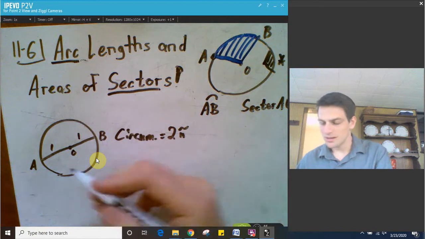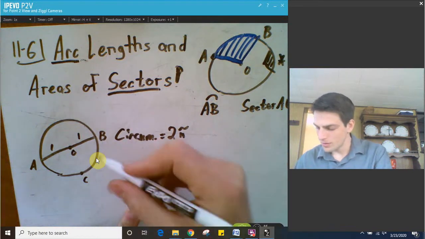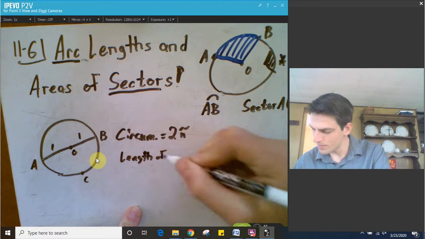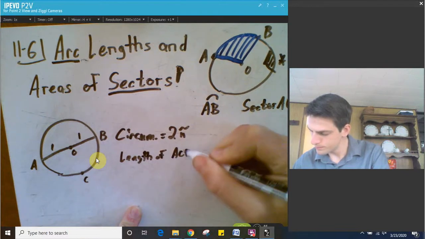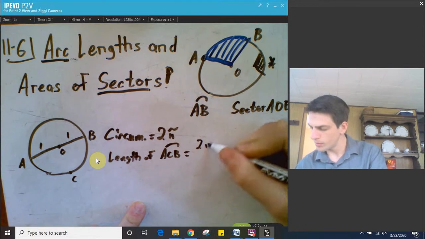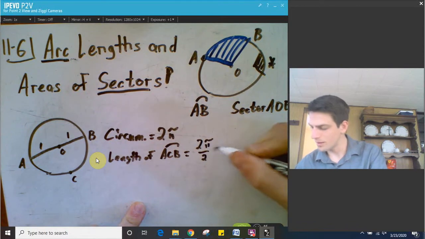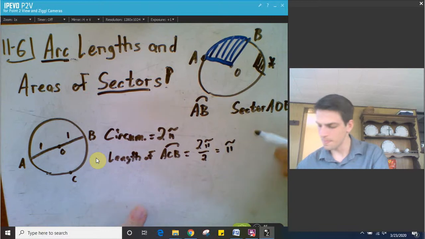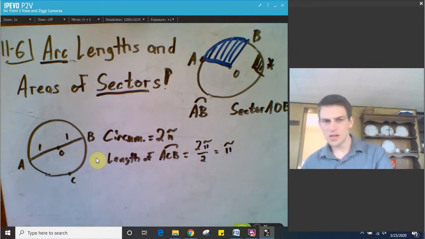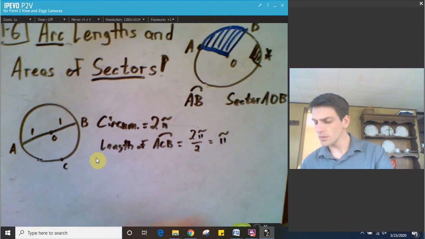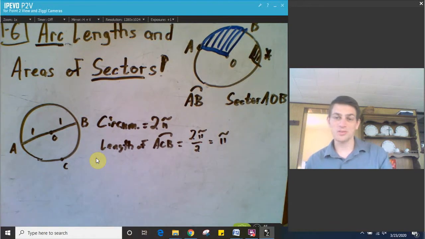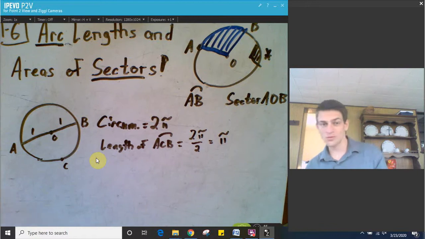And we can say that it is 1/2 of 2 pi, so the length of arc ACB is going to be equal to 2 pi over 2, which is 1/2 of 2 pi, and that cancels out to just pi. So this length right here is going to be pi. Now let's do the same thing for the area here. As you might guess, this splits it into 2 semicircles, and each semicircle is exactly 1/2 of the whole circle.